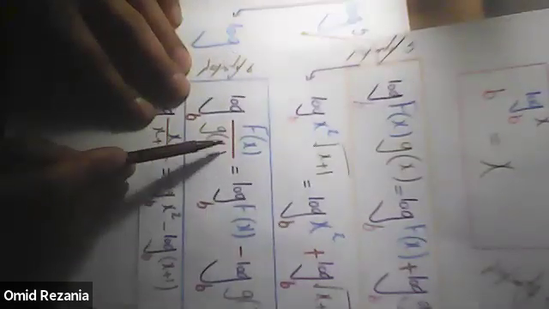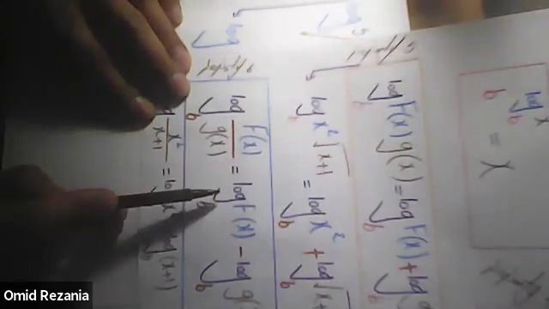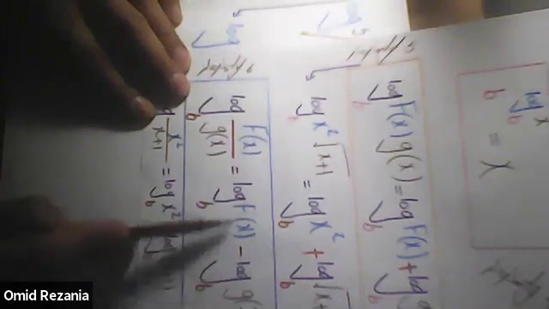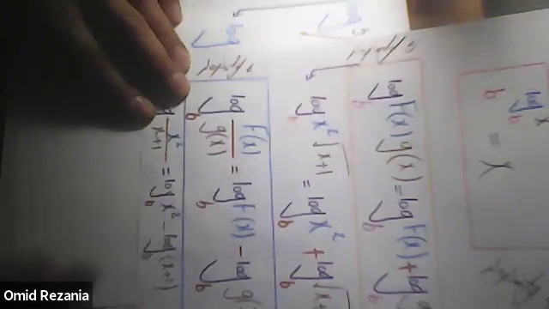Property number 6 said that if 2 functions are divided, you can decompose them into the difference of the logs of the 2 functions with the same base. I'm going to use property number 6 for the right-hand side. What's going to happen?